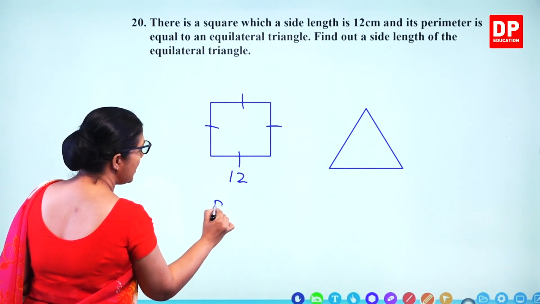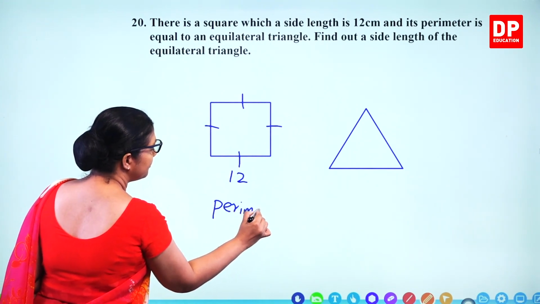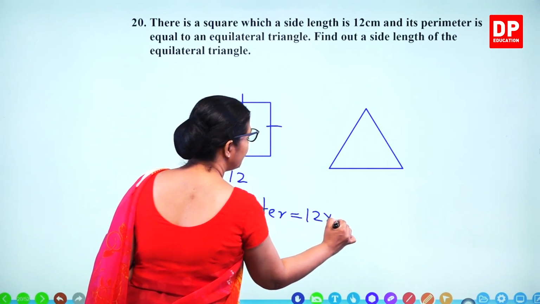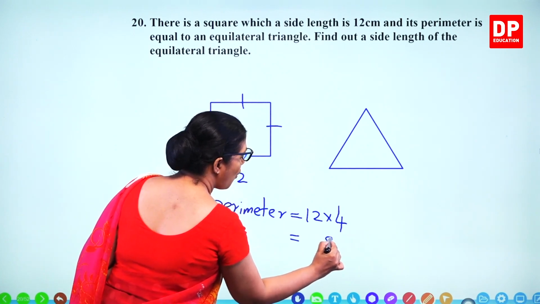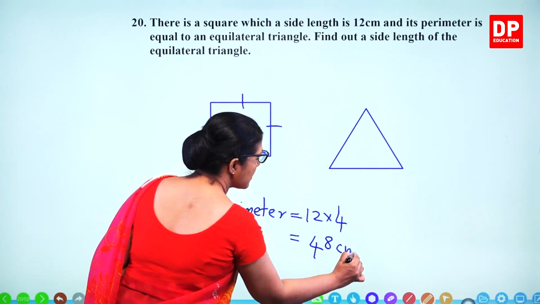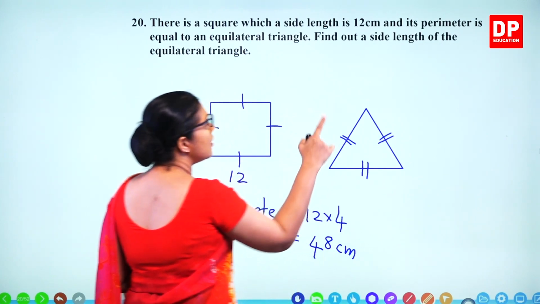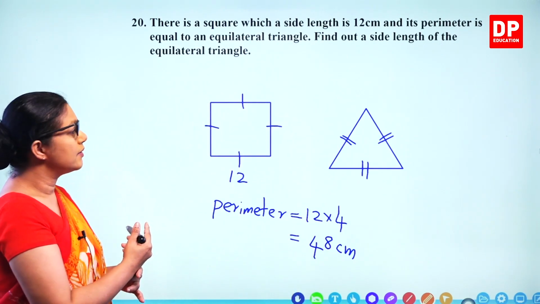So what's the perimeter? 12 times 4. 48 centimeters. That's equal to 3 sides of the equilateral triangle.